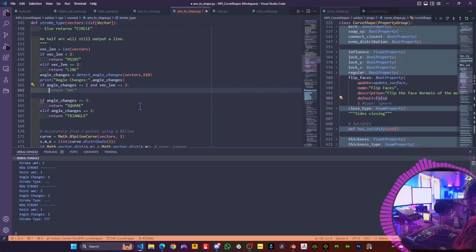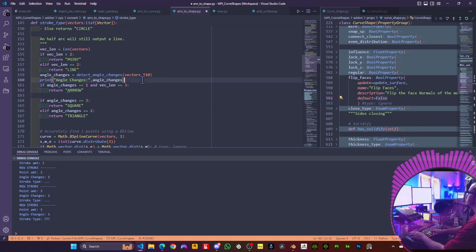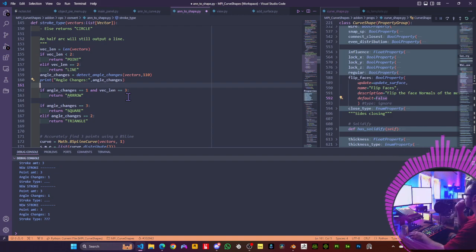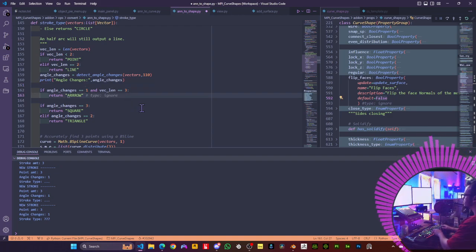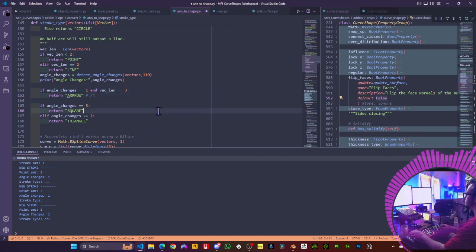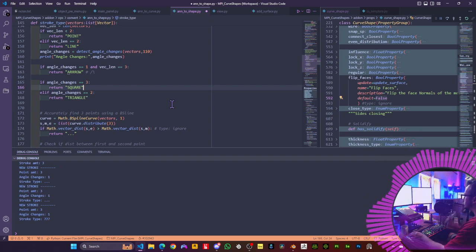Let's call this an arrow. And then I gotta decide, according to what the shape that was drawn and what I got from this function, what options I'm gonna give the user.